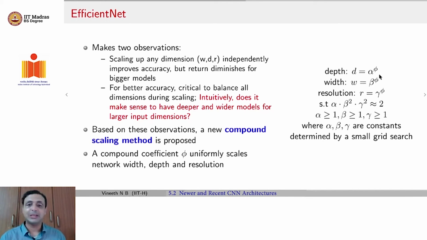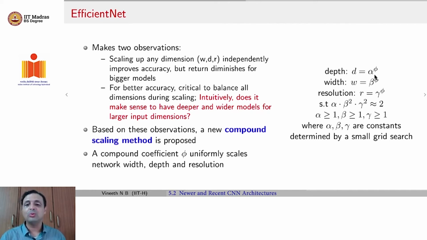If you get alpha equal to 1.2, beta equal to 1.1 and gamma equal to 1.3, then d would be alpha times the old d, w will be beta times the old w, r will be gamma times the old r. Remember, for width and resolution things get increased in a squared manner.